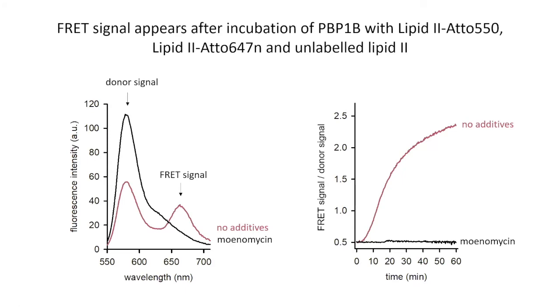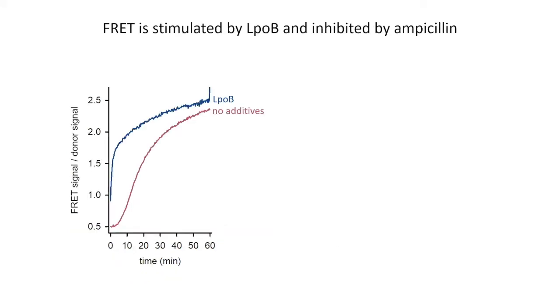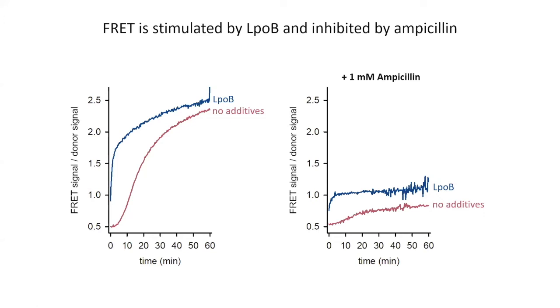With this methodology, we could detect the activation of this activity by LpoB, the activator, and the accelerated reactions, and also the effect of inhibitors like ampicillin that blocks transpeptidation. With ampicillin, what we saw is that the signal was affected enormously, though the kinetics was the same.